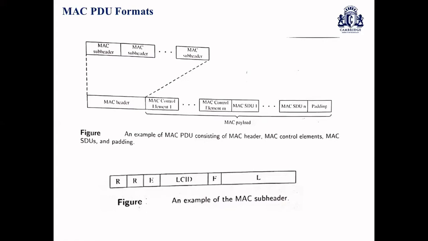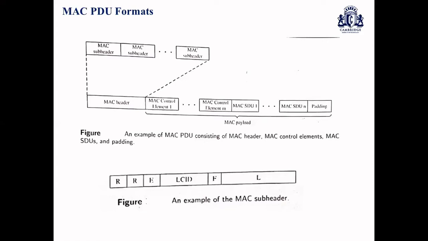If it is equal to 0, the MAC SDU, MAC control element, or padding follows. The LCID field, the logical channel identification field, identifies the logical channel instance of the MAC SDU or MAC control element, as well as the padding sequence.